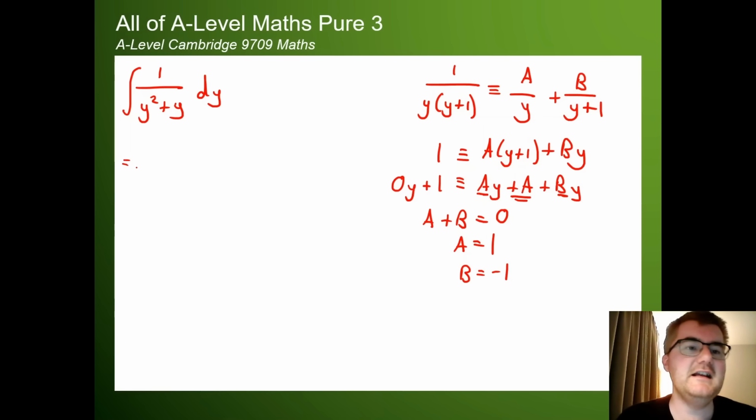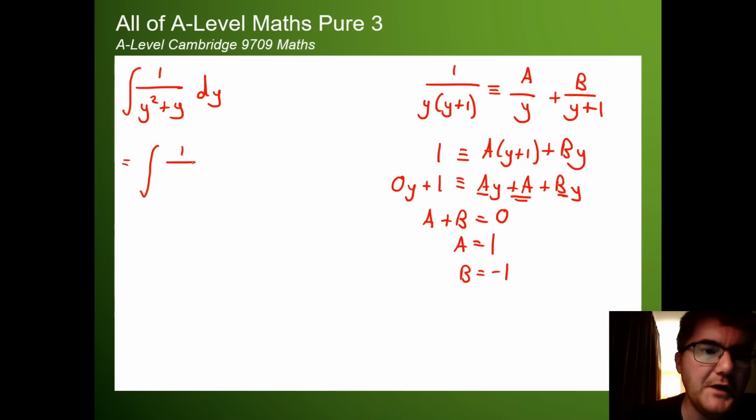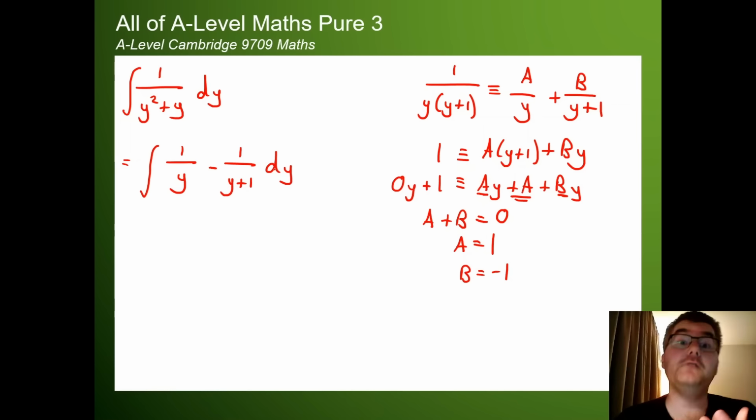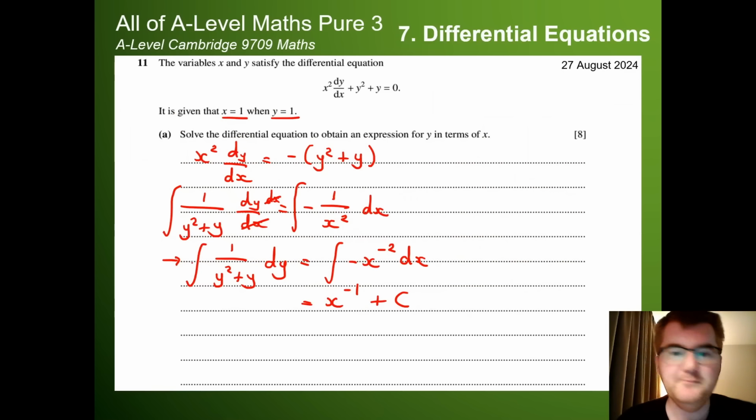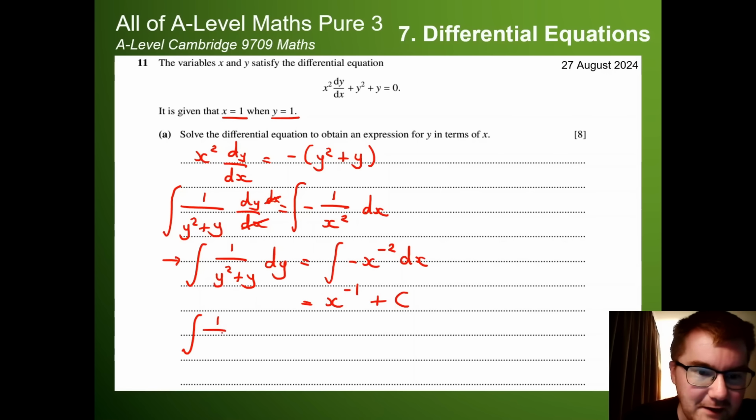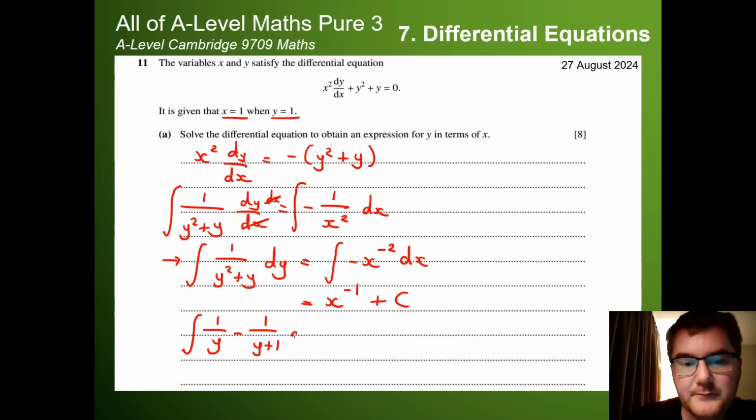So what I've done here is I've transformed this into 1 over y minus 1 over y plus 1 dy. So with this partial fraction result, I can go back. This is a real doozy of a question, by the way. So we get 1 over y minus 1 over y plus 1 dy.